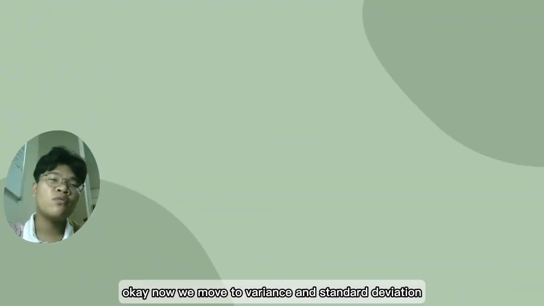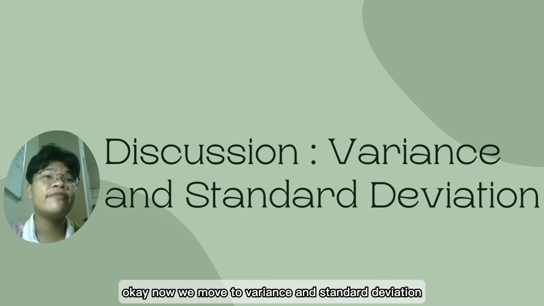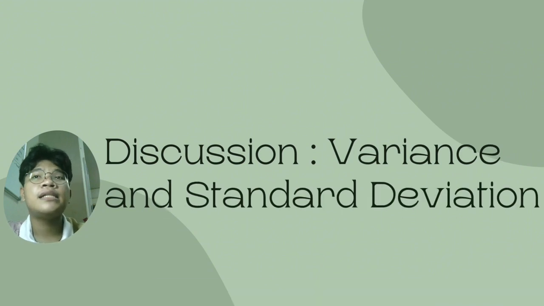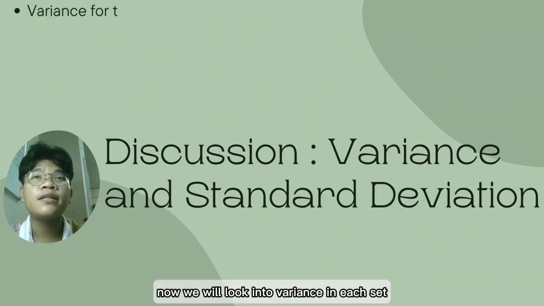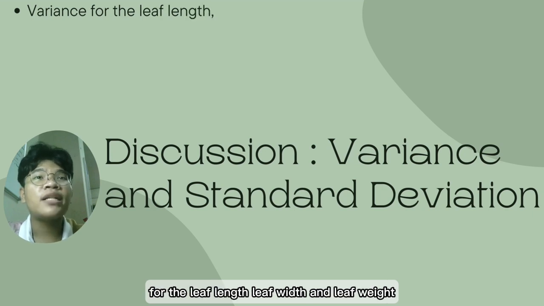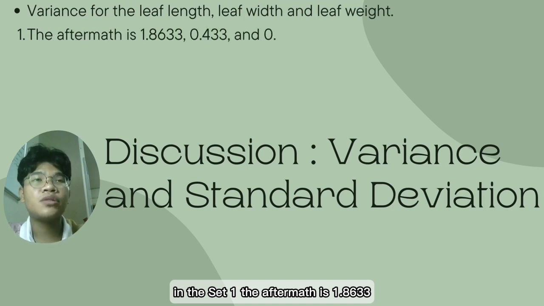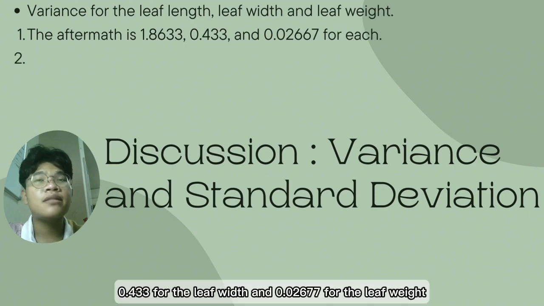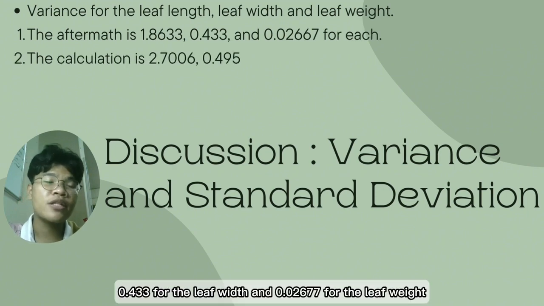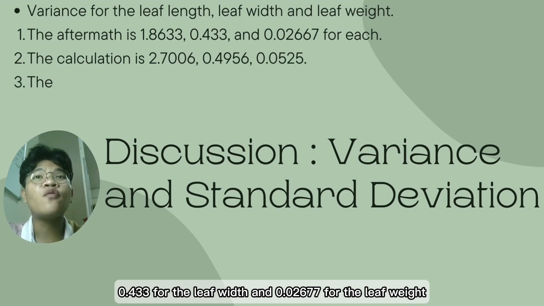Okay, now we move to variance and standard deviation. Now we will look into the variance in each set for the leaf length, leaf width, and leaf weight. In set 1, the result is 1.8633 for the leaf length, 0.433 for the leaf width, and 0.02677 for the leaf weight.